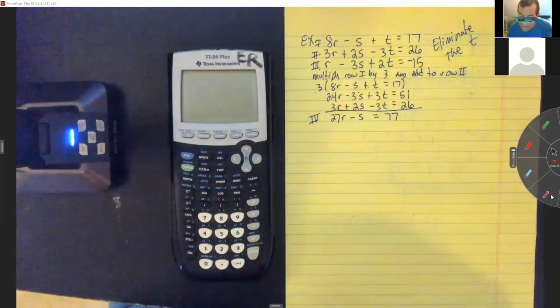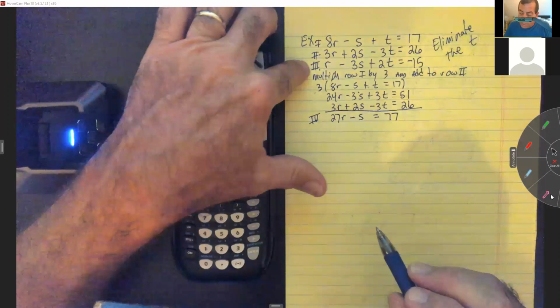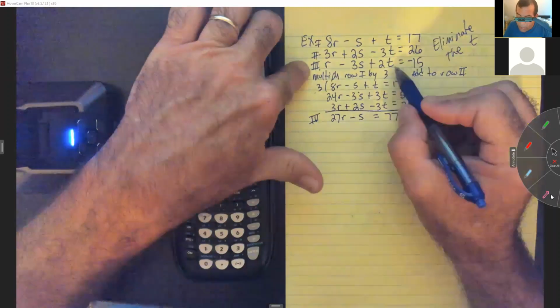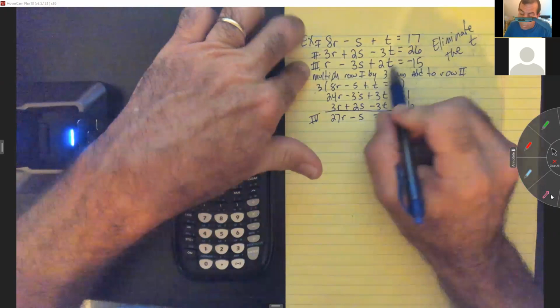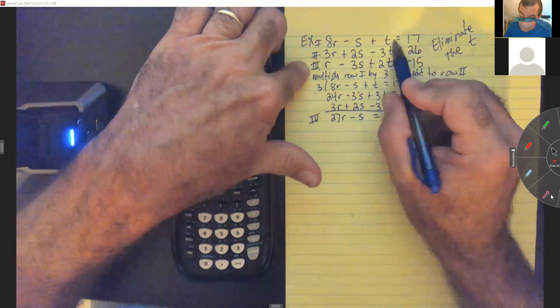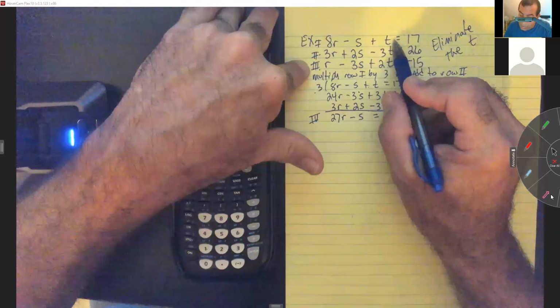So to get row 5, remember now I've got to use row 3. The easiest one looks like row 1, and I'm going to multiply all these by negative 2. That'll make that a negative 2T. When it adds to that, they'll cancel.